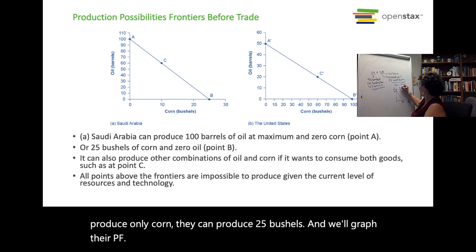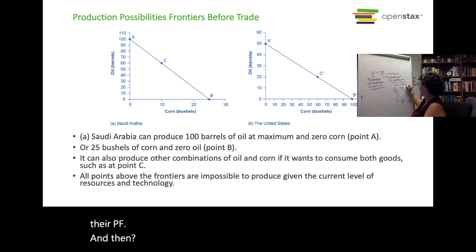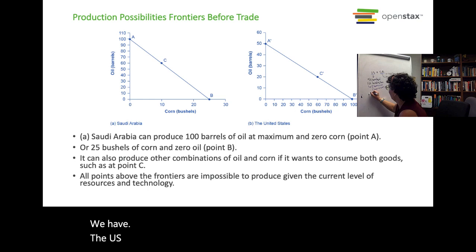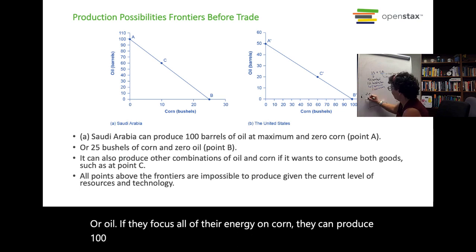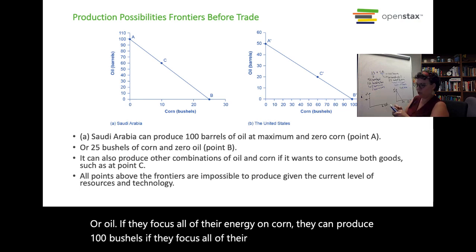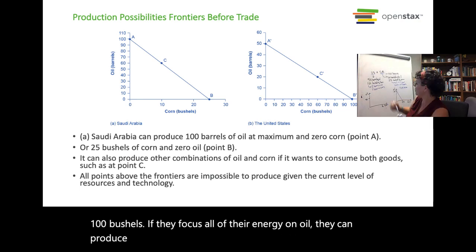And then we have the US, and they can also produce corn or oil. If they focus all of their energy on corn, they can produce 100 bushels. If they focus all of their energy on oil, they can produce 50 barrels.